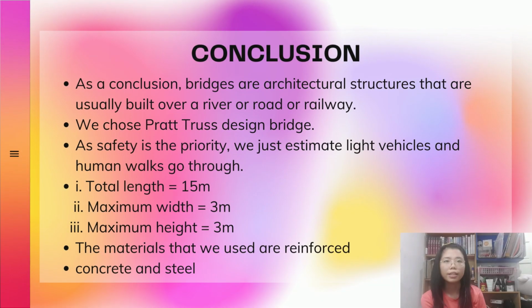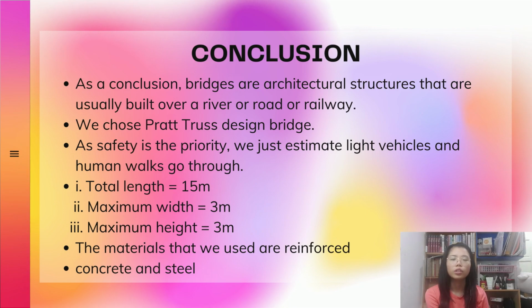As a conclusion, a bridge is an architectural structure that is usually built over a road, river, or railway. And we choose the truss design bridge as our design. As safety is the priority, we only estimate light vehicles and humans walking through the bridge.